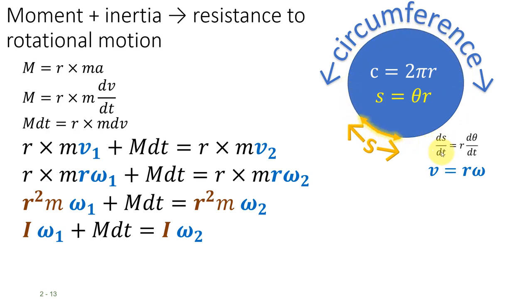So we'll say ds/dt, where s is some kind of an arc length. If you remember, the circumference of a circle is 2 pi r. Half of that would be pi r, or just one slice of it would be theta r, where theta is in radians. That's the cool thing about radians: you can relate the arc length to the radius of the circle.